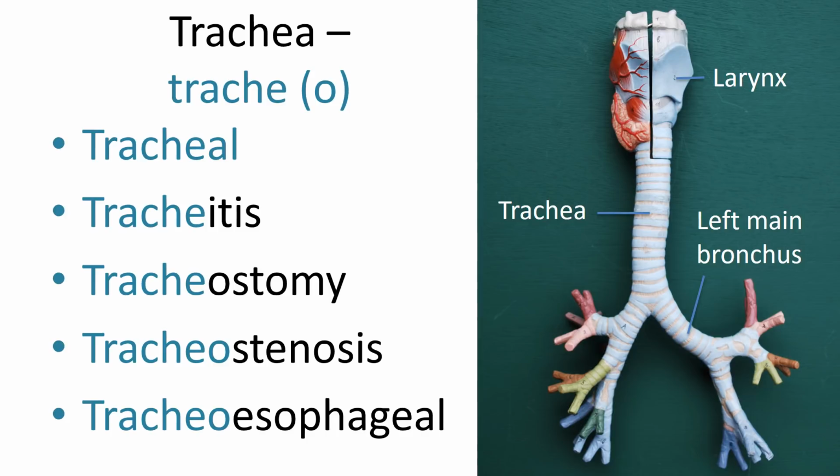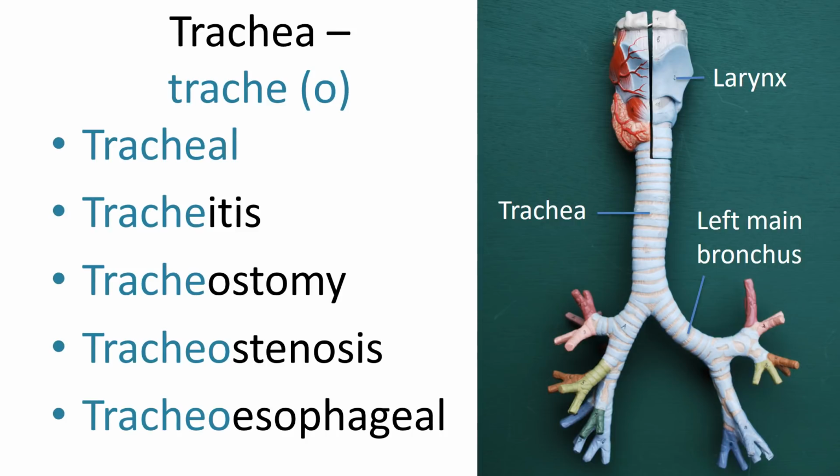Tracheitis would be inflammation of the trachea. Tracheostomy, now ostomy means an opening into. So a tracheostomy would be when we make a surgical opening into the trachea to bypass the upper airway and to facilitate greater ease of ventilation.